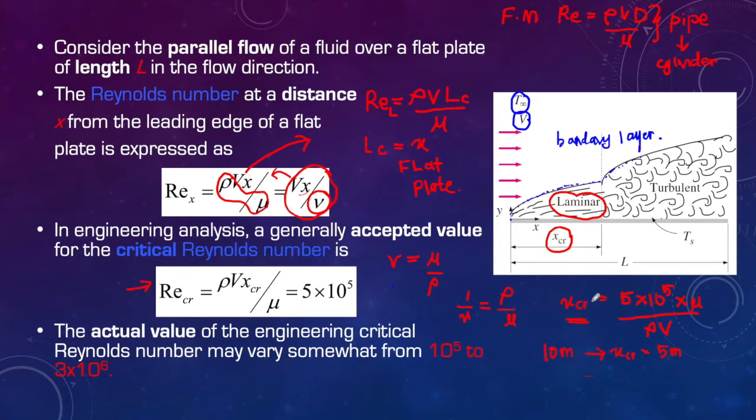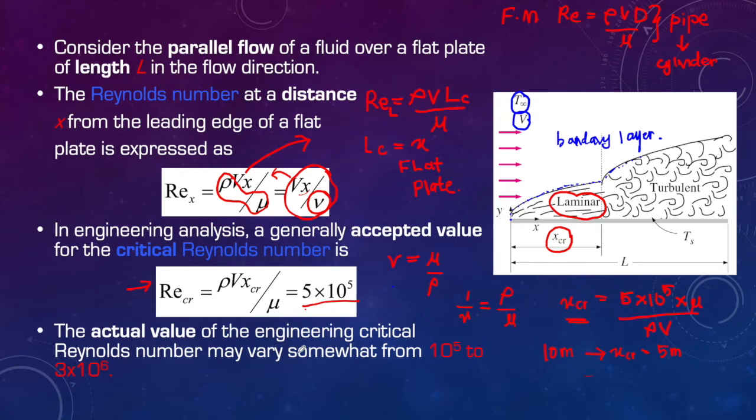Okay, the actual value of the engineering critical Reynolds number may vary somewhat from 10 to the power of 5 to 3 times 10 to the power of 6. So in this heat transfer for a flat plate, we have to memorize 5 times 10 to the power of 5 as the critical Reynolds number for a flat plate. Remember, flat plate, 5 times 10 to the power of 5.